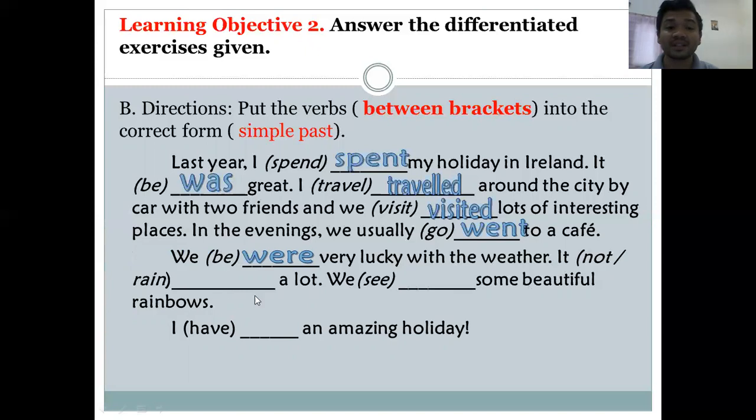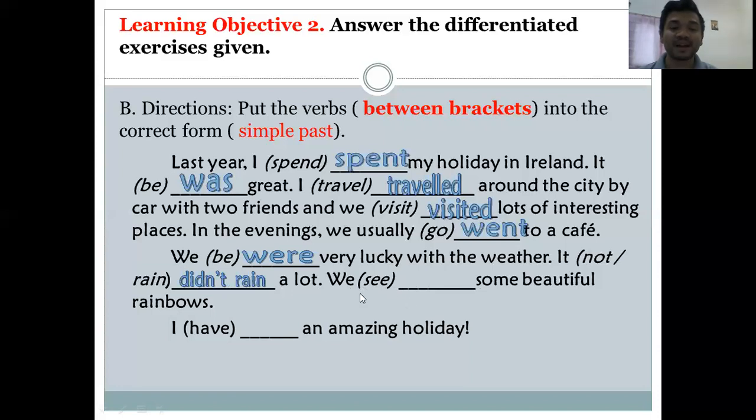It not rain. So here, this is what we call a negative sentence now. So what is your answer here? Amazing. You will say, it didn't rain a lot. Okay, negative. Did you remember? It didn't rain a lot. We see some beautiful rainbows.